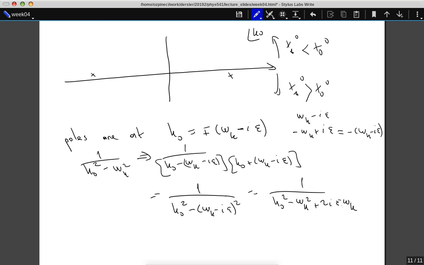But remember, eventually I'm taking the limit epsilon goes to 0. So epsilon omega k is actually going to 0. So if you like, I can just rename all of this thing as i epsilon. So this is 1 over k0 squared minus omega k squared plus i epsilon. Omega k is a constant as far as k0 integration is concerned.